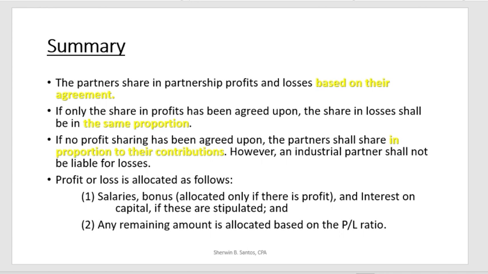So, una, salaries muna. Bonus. Yung bonus, i-allocate mo lang if may profit. And then, interest on capital. If these are stipulated. Kung walang stipulations, wala kang allocation related to salaries, bonus, and interest. Next, any remaining profit is allocated based on the P and L ratio. So I think that ends the discussion on accounting for partnership operations. Thank you.